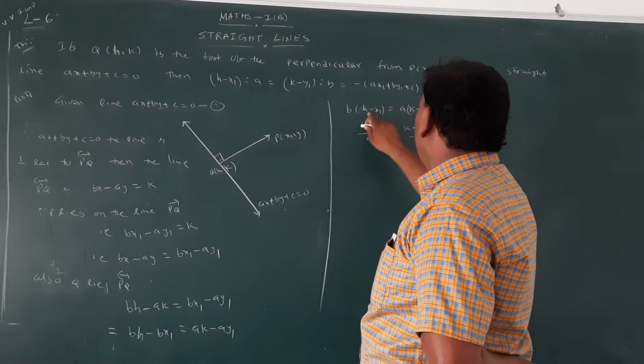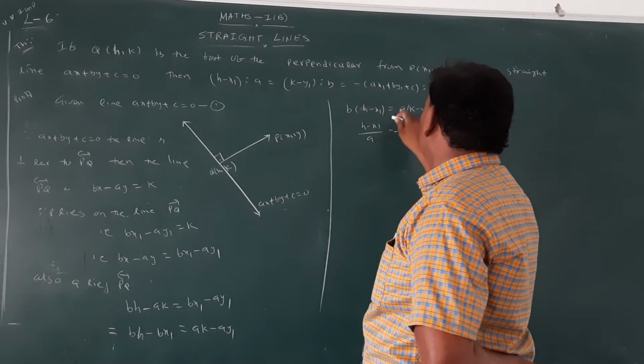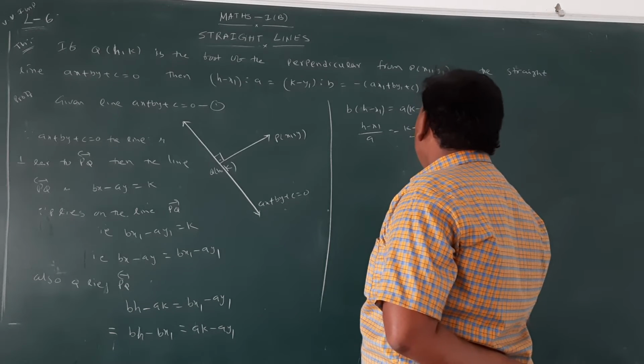Cross multiplying, (h - x1)/a = (k - y1)/b.